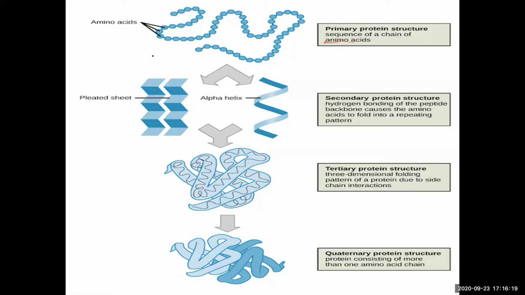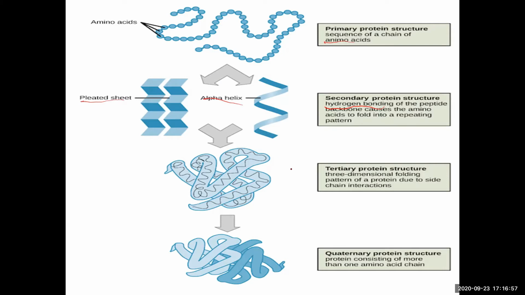Now, yung dalawang primary structure, mag-bind siya together through hydrogen bonding. And this hydrogen bonding will tend to make those primary structures fold in two ways. Pwede siya mag-fold via a pleated sheet like this one or alpha helix like this one. Pwede rin na pareho.